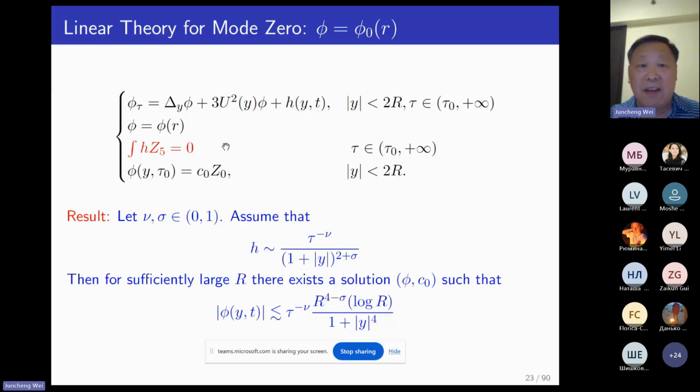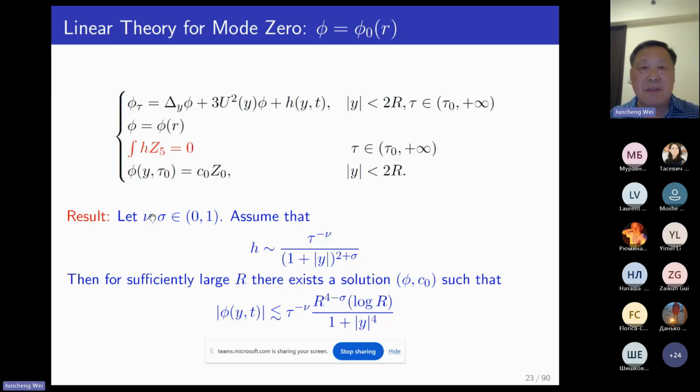So integral phi times Z5 equals 0 does not make sense. So I can only impose the condition on H, but I cannot impose the condition on phi, and we need to find a phi for this problem. There may be many solutions to this problem, but we need to find a good solution.